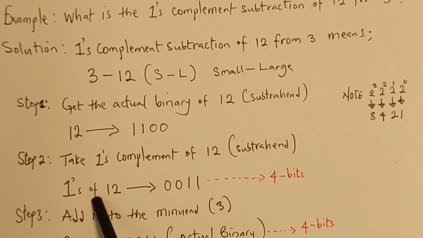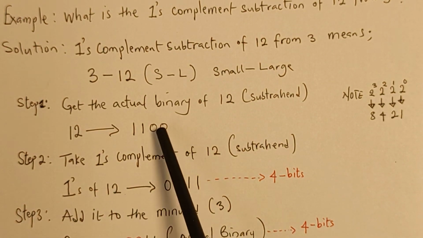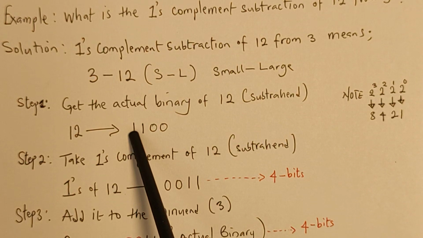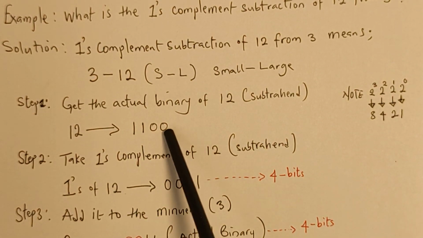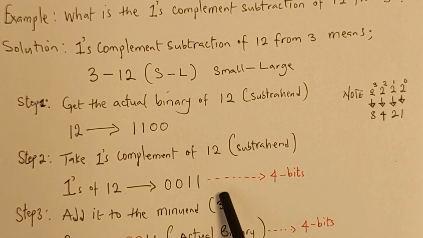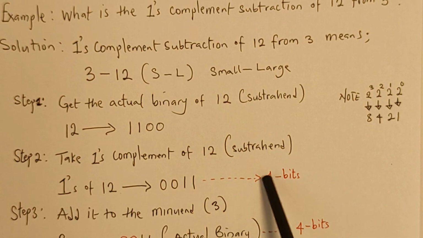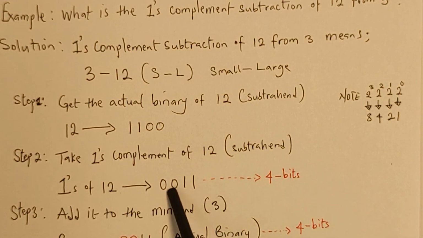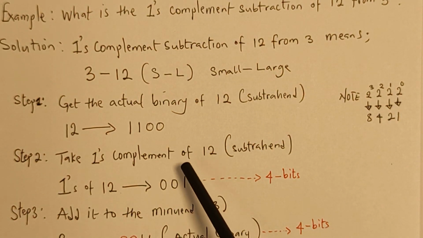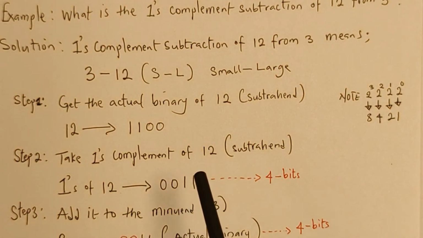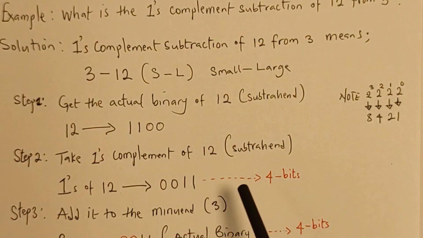So where you have 1, you have 0. Where you have 1, you have 0. Where you have 0, you have 1. Where you have 0, you have 1. So very easy. Now, don't forget this. How many bits do we have here? We have 4. So this is 4 bits. This will give us an idea in carrying out the subtraction operation.